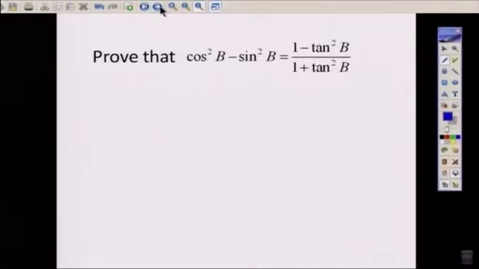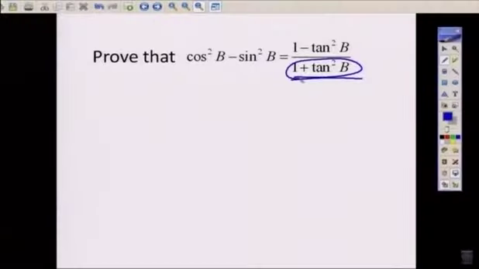Here's another one that we're going to be working on, and if you look at this, if you're trying to decide which side to work on, usually it's easier to take things that are not in terms of sines and cosines and express them in terms of sines and cosines. So I'm going to start this time with the right-hand side and try to make it equivalent to the left.